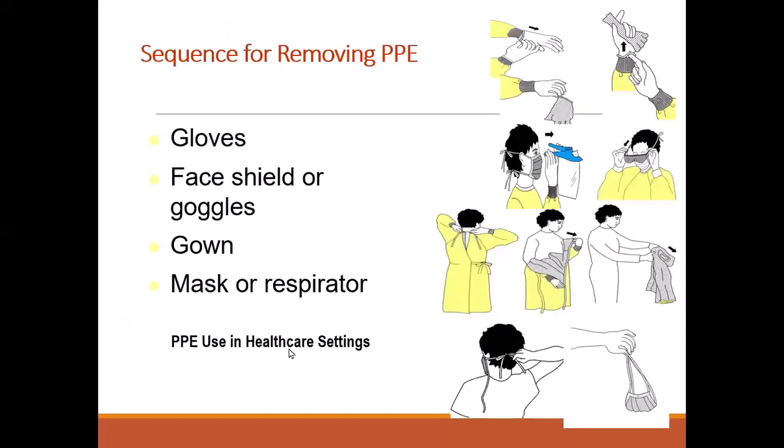And for removing, it is the opposite. First are the gloves, then perform hand hygiene to protect yourself. Then remove the face shield, then the gown, then the mask.